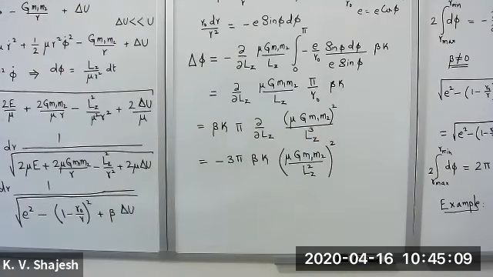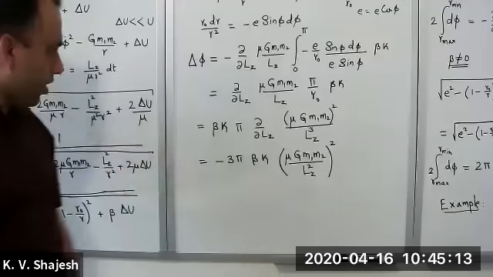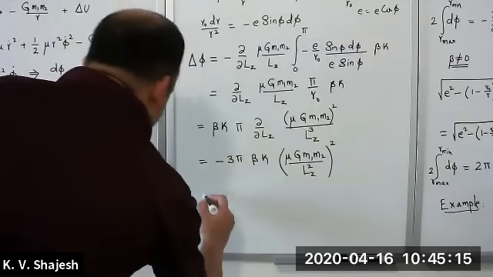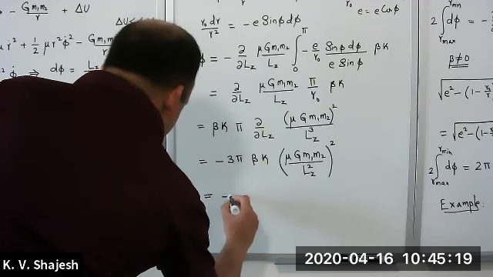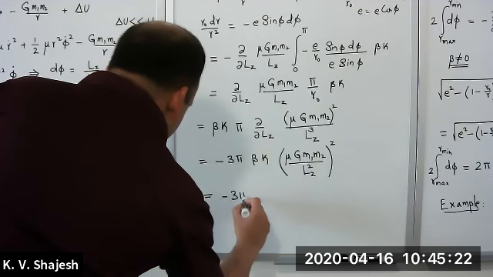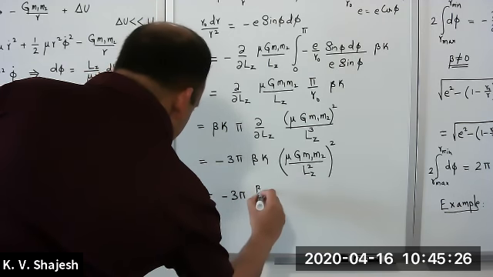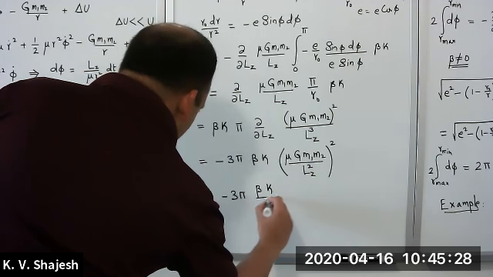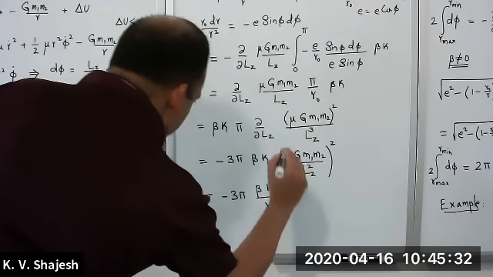But that is nothing but 1 over R naught, right? So in that way, this is equal to minus 3 pi times beta kappa over R naught square, if you want.